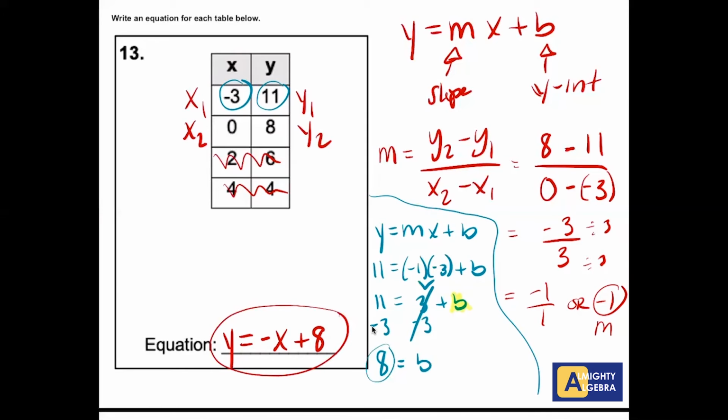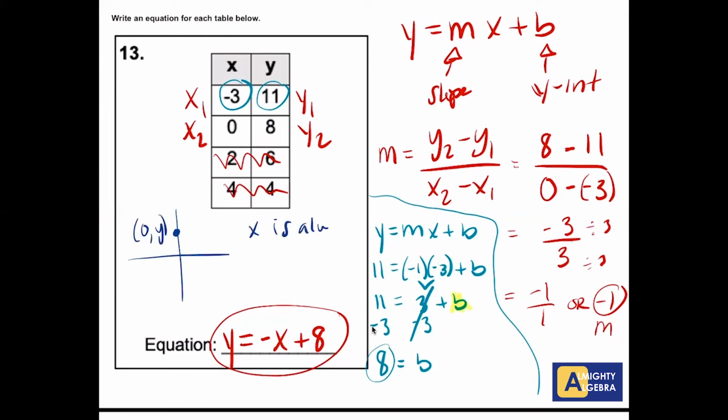I want to point something out to you as well. This will not always be the case, but it is for this problem, so it's worth talking about. When you are looking for the y-intercept, the x value is always 0.